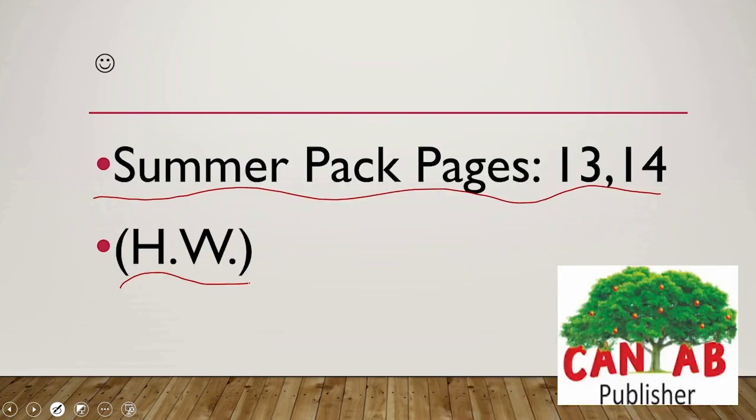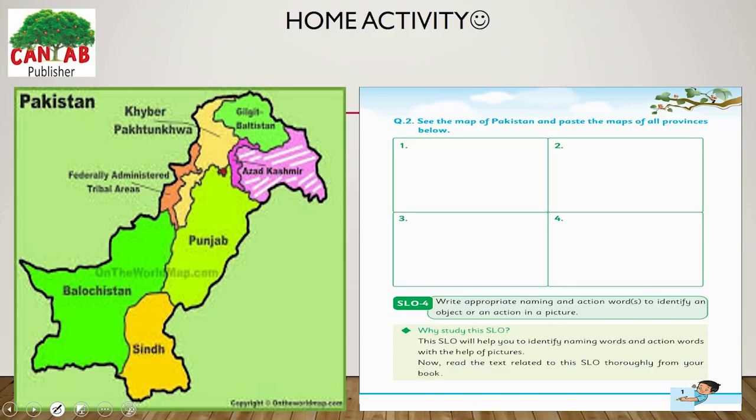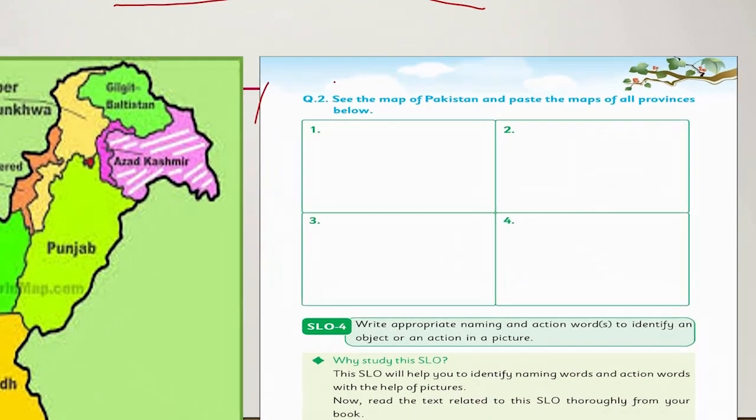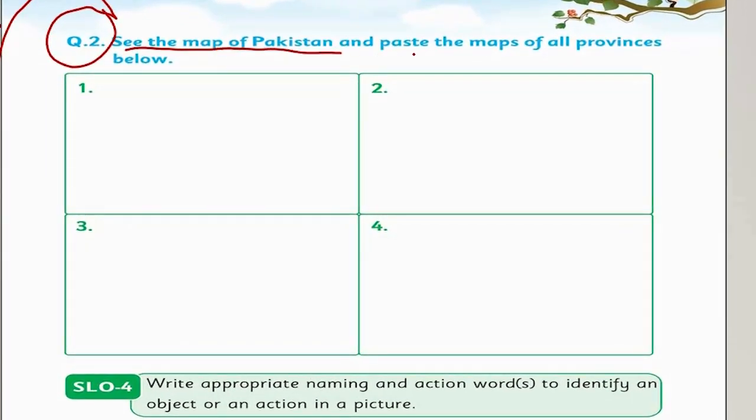Now, as homework, you have to open summer pack, page number 13 and 14. And there is a home activity. It says: see the map of Pakistan and paste the maps of all provinces below. So you can look for a map of Pakistan in any newspaper or magazine. Make the cutouts with a scissor.